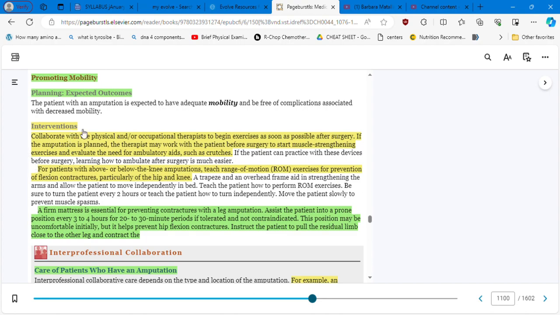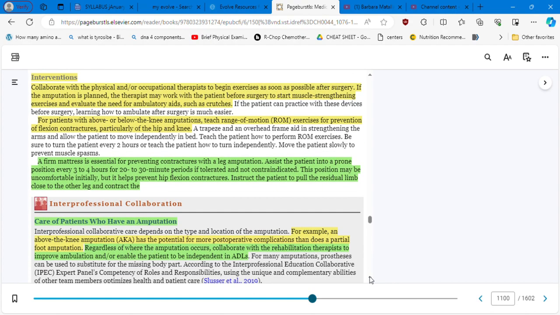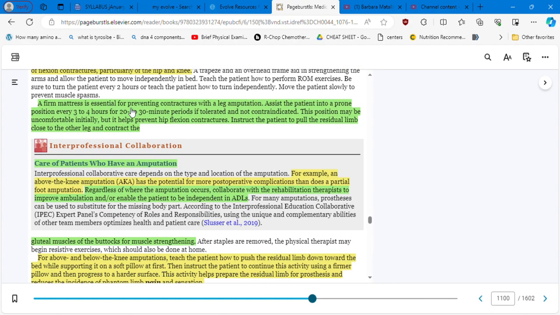For patients with above or below the knee amputations, teach range of motion exercises for prevention of flexion contractures, which we studied a few minutes before, particularly of the hip and knee. And then a firm mattress is essential for preventing contractures with a leg amputation. Assist the patient into a prone position every 3 to 4 hours for a 20 to 30-minute period if tolerated and not contraindicated.